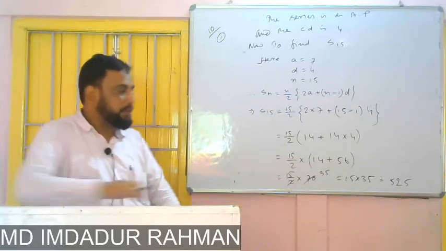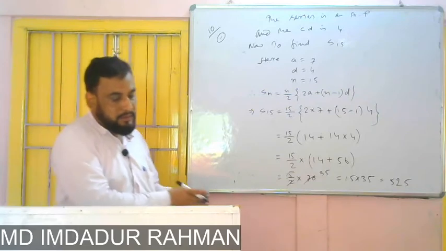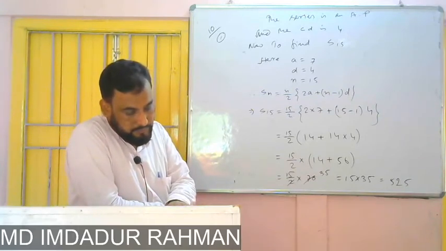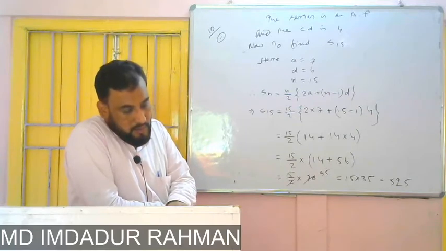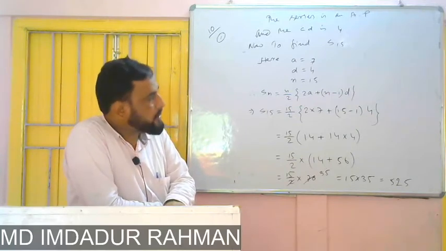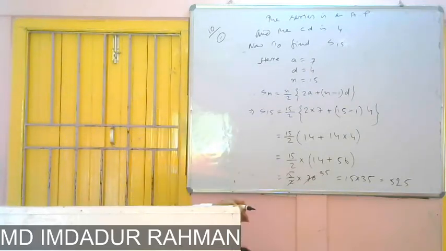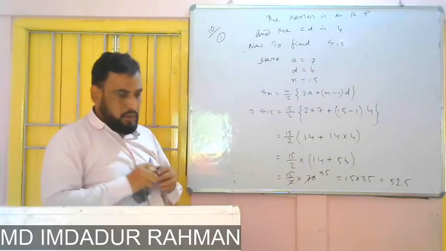Now question number 14. Find the sum of odd numbers between 0 to 50. We have to find the sum of odd numbers from 0 to 50.